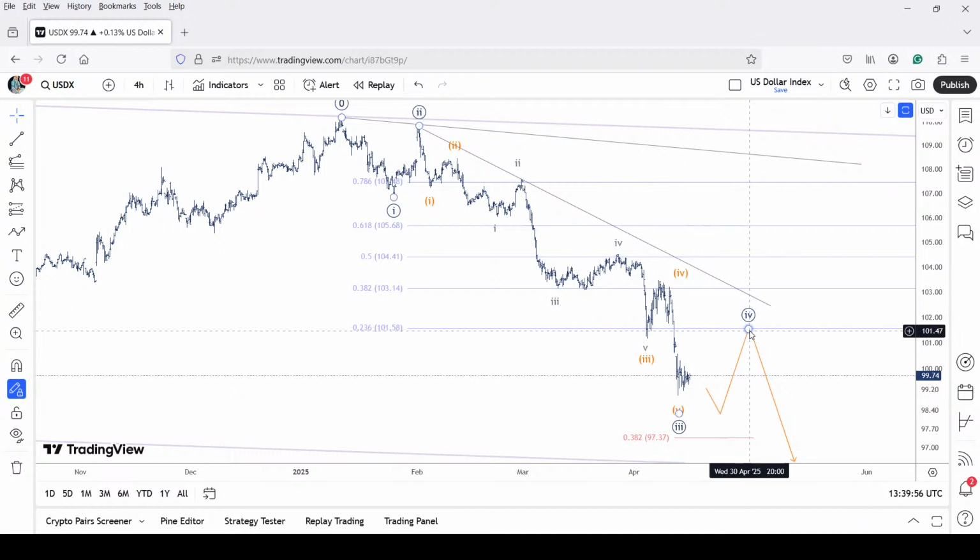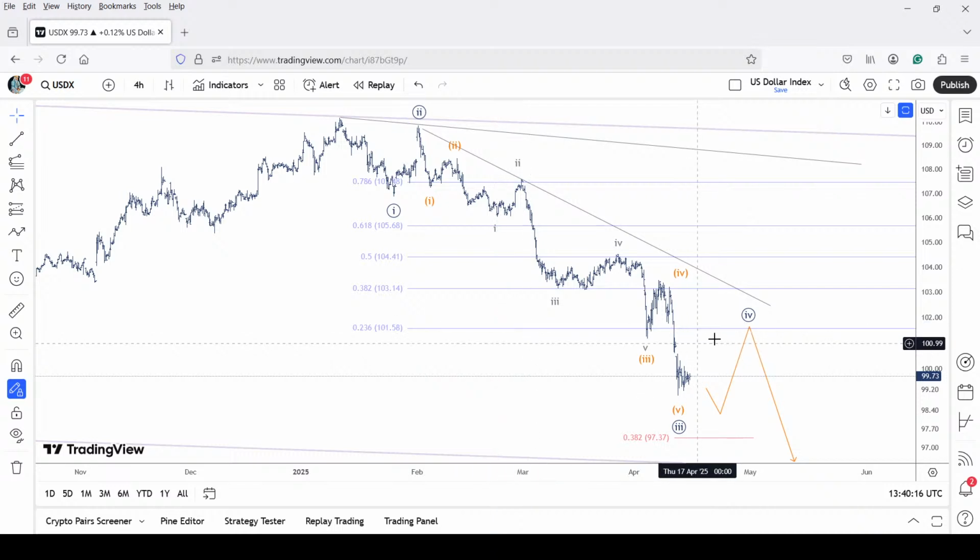But if your provider is different, like say capital.com or any other provider, then please use the Fibonacci ratios on that particular chart, but there would be price discrepancies specifically in the dollar index.